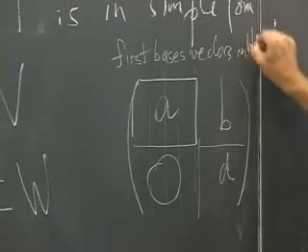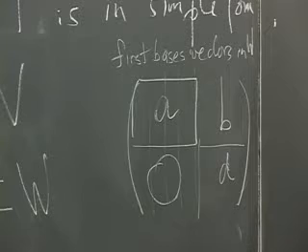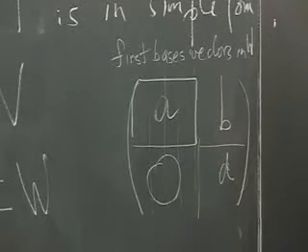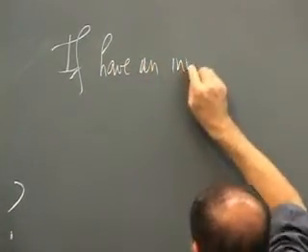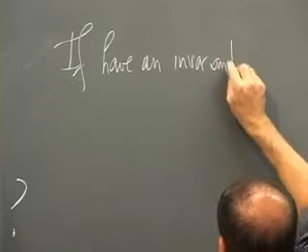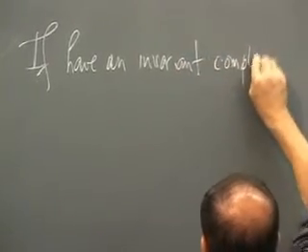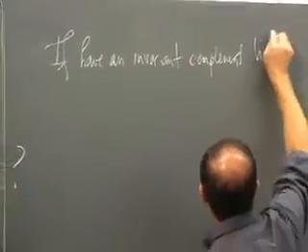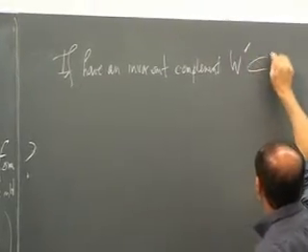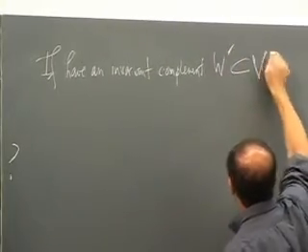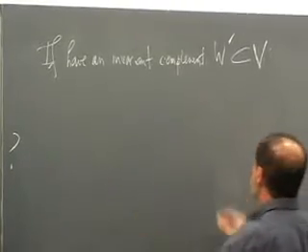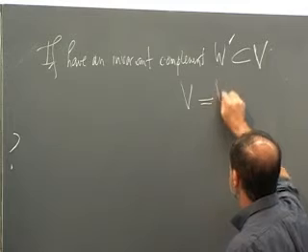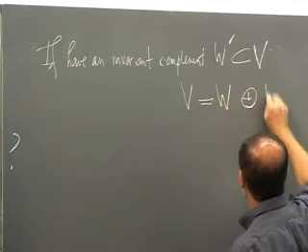Now, even better than an invariant subspace is an invariant subspace with an invariant complement. If you have an invariant complement, W prime, which means another subspace of V, such that any vector in V is uniquely of the form of a vector in W plus a vector in W prime, and we write that V as the direct sum of W plus W prime.